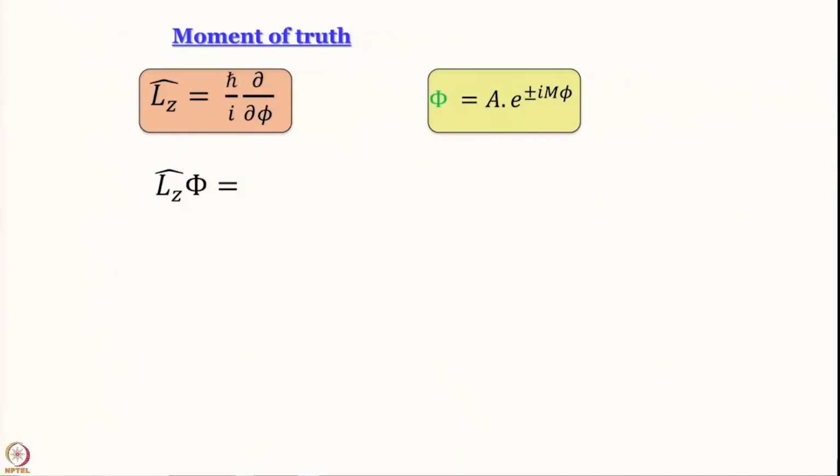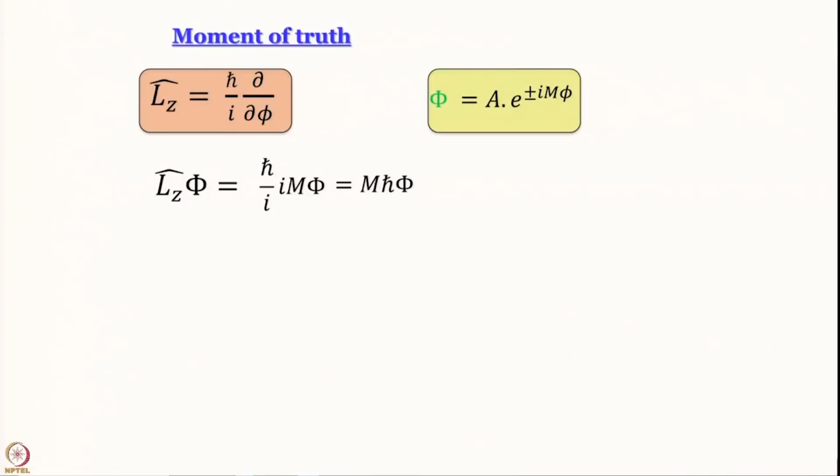Now, the question that we want to ask is, we had surmised that the phi dependent part of the wave function might contain information about Lz. If that is the case, then it should be an eigenfunction of Lz and it should yield some value of Lz as its eigenvalue when the Lz operator operates on it. Let us do that. When Lz operates on capital Phi, what do you get? You get once again plus minus i m multiplied by A e to the power plus minus i m phi, is not it?